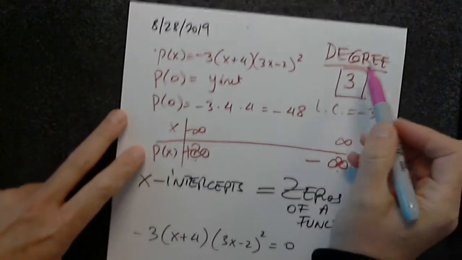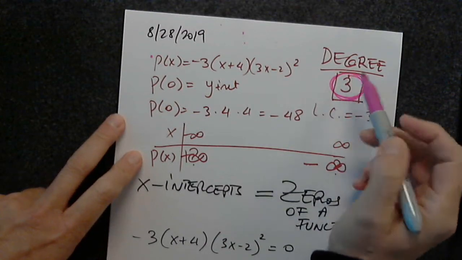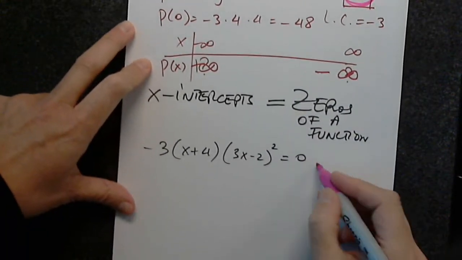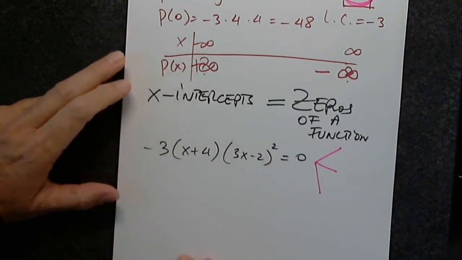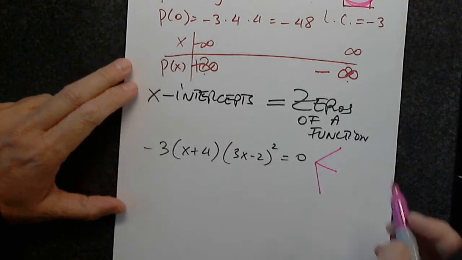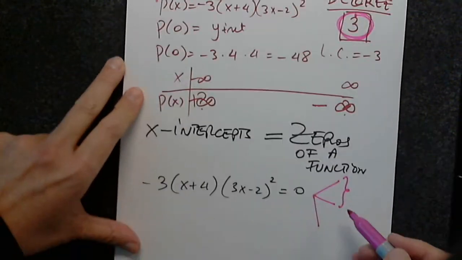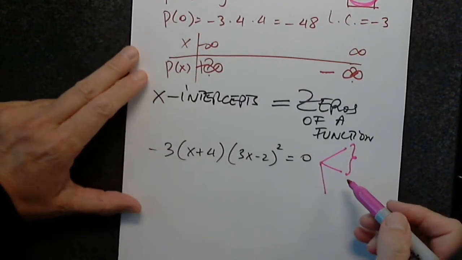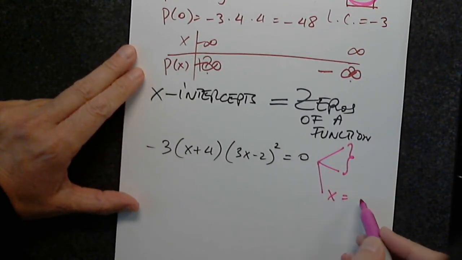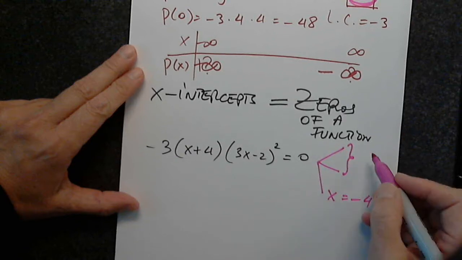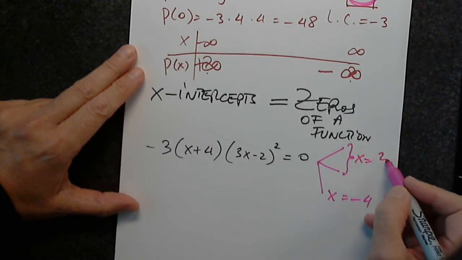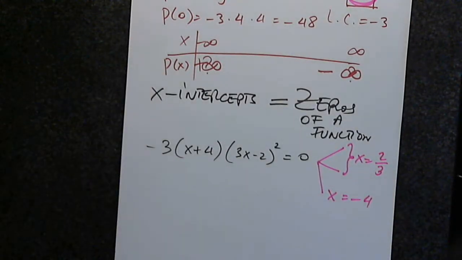Actually 3. The degree is 3. If the degree is 3, I have to find 3 solutions. Mandatory. However, you are correct in a way because 2 of them will repeat. But still I have degree 3, so I have to write 3 solutions. One of them is x equals negative 4, and the other one is x equals 2/3. And this is what we mean by multiplicity.